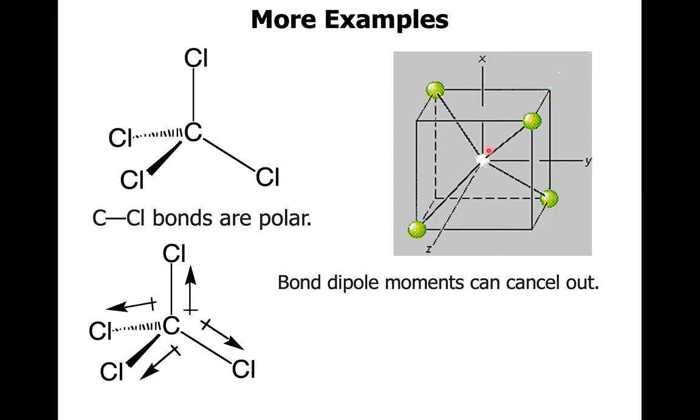And so we would have our carbon here in the center of the cube. These 2 top corners would be chlorine. These 2 bottom corners would be chlorine. And so if we do all of our work here, we get a net dipole up from these 3 atoms, and then we get a net dipole down from those 3 atoms. So the up and down cancel each other out, and so this has no net dipole.